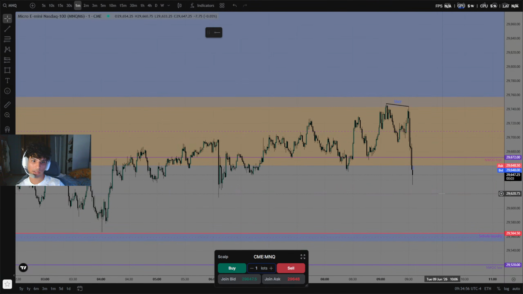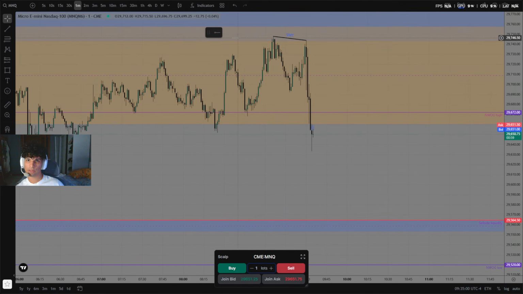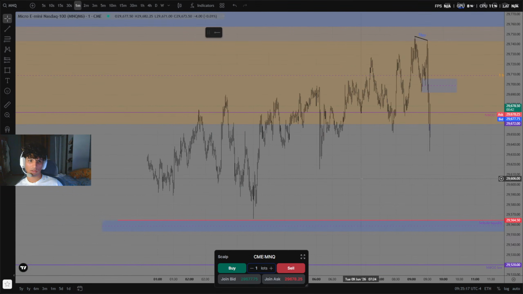I want to see some retrace to the breaker below, this one right here. If price can still respect it, that's short.